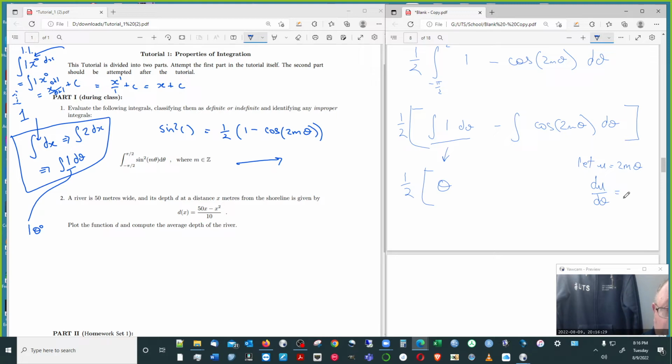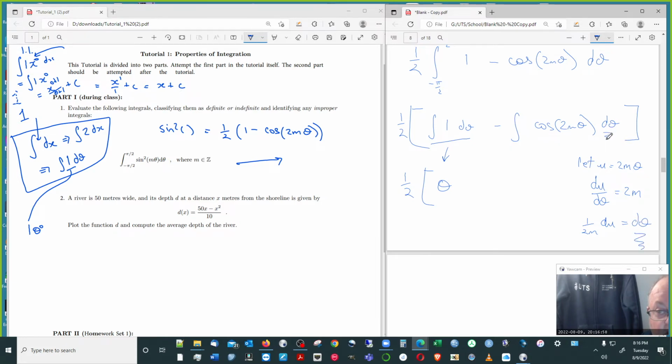What's the differentiation of u equals 2m theta with respect to theta? 2m. That's right, you're just left with 2m, aren't you? So what we want to do is get the theta up by itself and the du by itself, so we're going to cross multiply, and we'll get 1 over 2m du equals d theta, and that's actually the thing we're substituting.